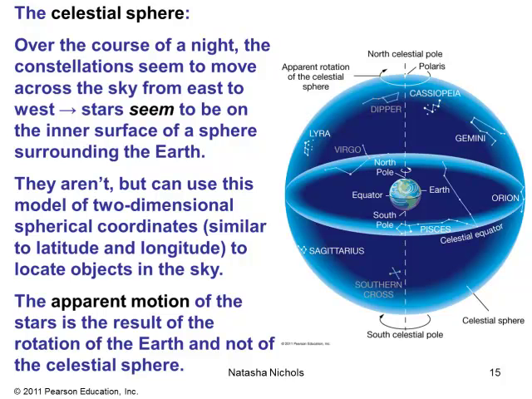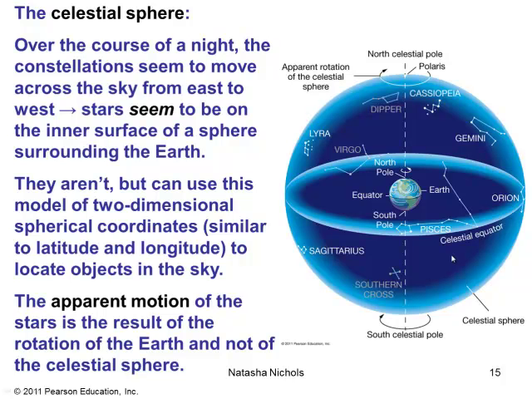The apparent pivot points of the celestial sphere are the north celestial pole and the south celestial pole, located directly above the Earth's north and south poles. Halfway between the celestial poles lies the celestial equator.